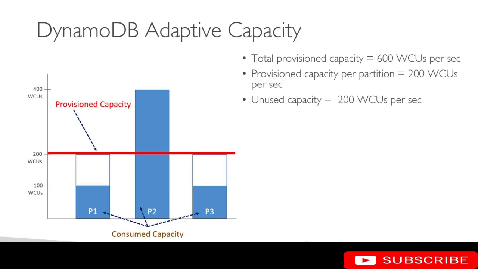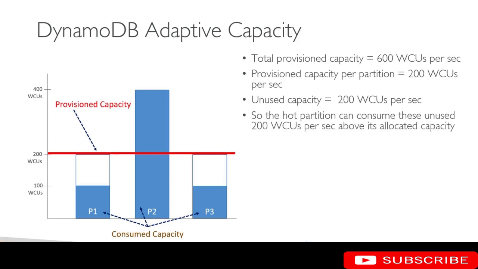Then this unused capacity can be utilized by other partitions which are consuming more than what has been provisioned for those partitions. So in this case, partition P2 is kind of a hot partition because it's using more than what is provisioned for it. So it's using about 400 WCUs when it only has about 200 WCUs provisioned. So that difference of 200 WCUs can be accommodated from the unused capacity of partitions P1 and P3.